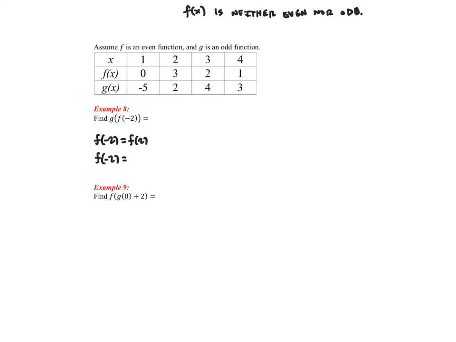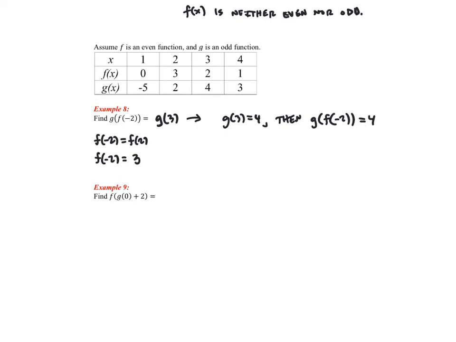So f of negative 2 will equal f of 2, which is 3. So g of f of negative 2 would be equivalent to g of 3. And g of 3 is given here. G of 3 ends up being 4. Since g of 3 equals 4, then g of f of negative 2 is equal to 4.